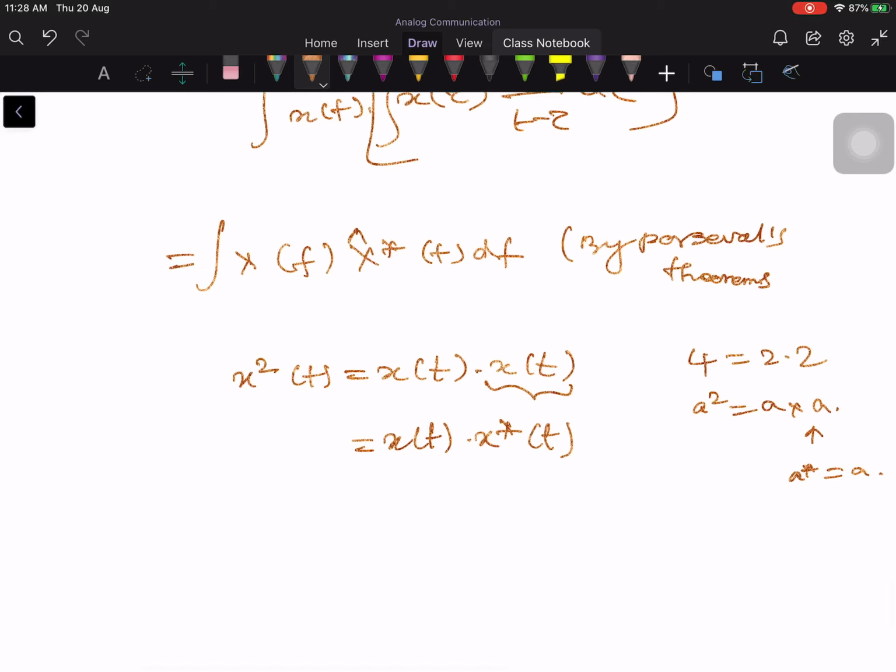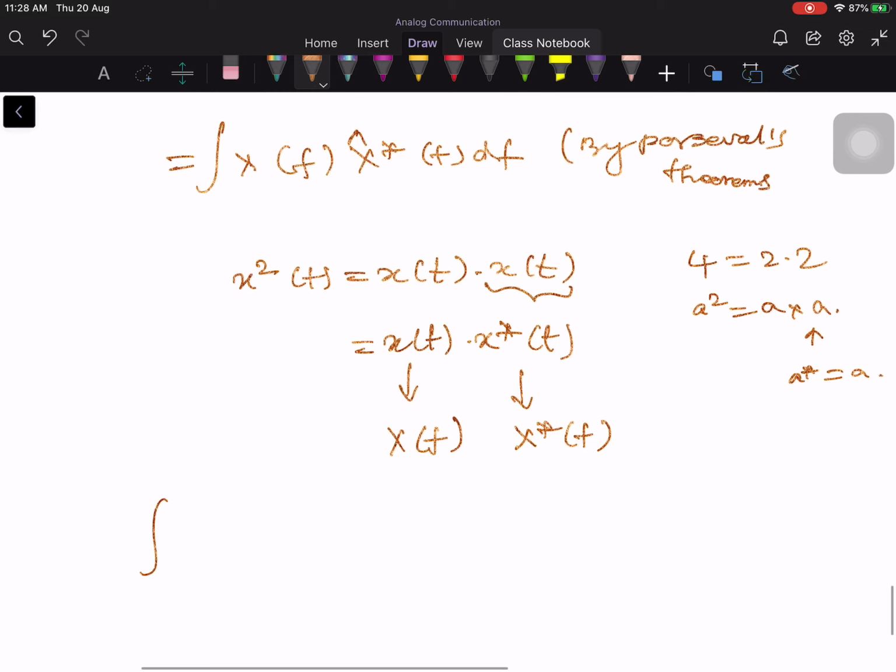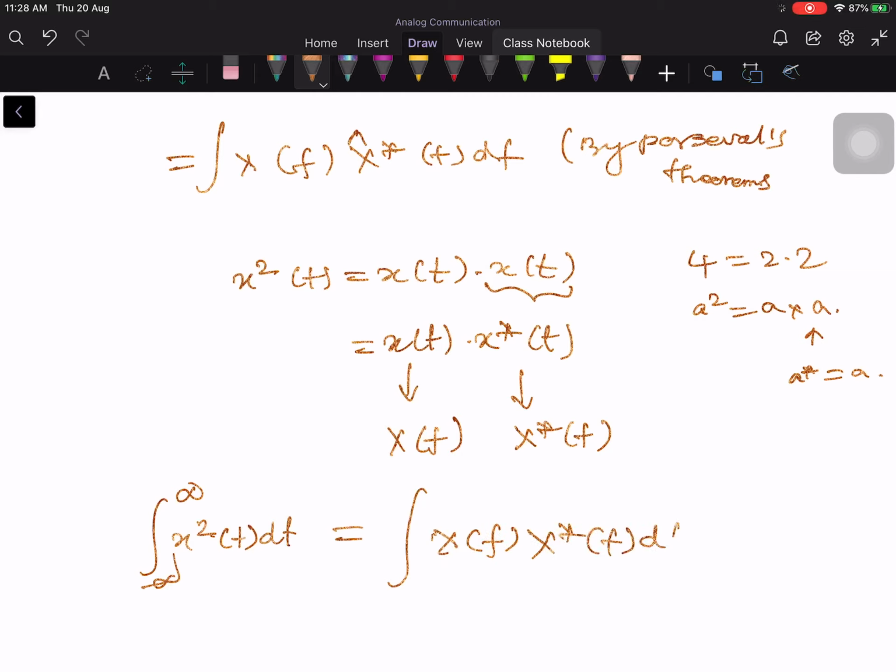Now if you take Fourier transform, this is going to be x of f and this is going to be x conjugate of f. Therefore in the time domain the energy of the signal is x squared of t dt from minus infinity to plus infinity. By Parseval's theorem in the frequency domain also that should be same, right? X of f times x conjugate of f times df.